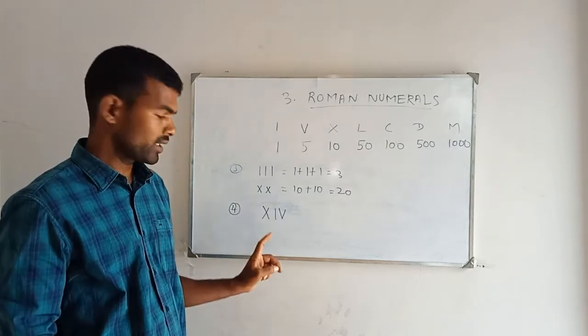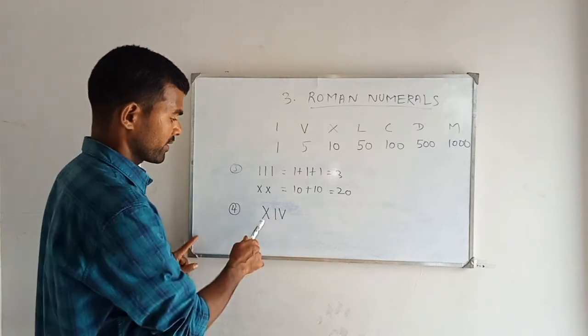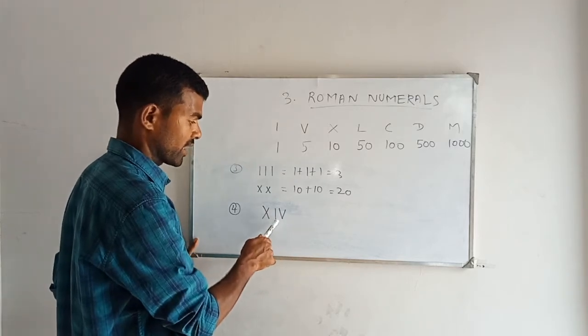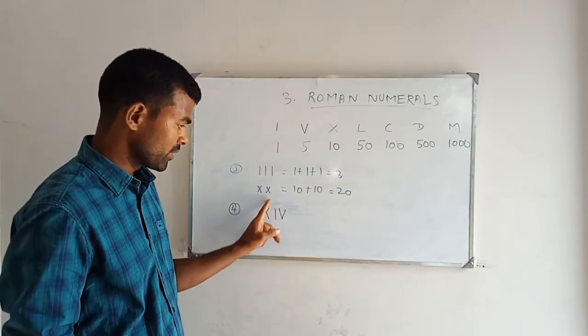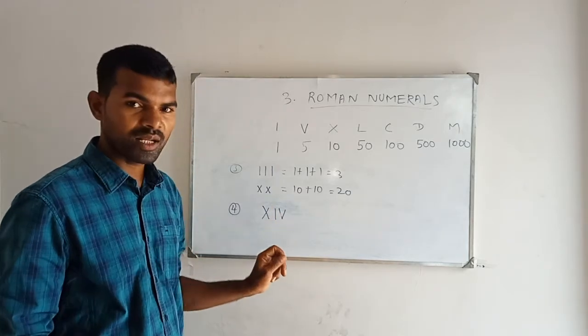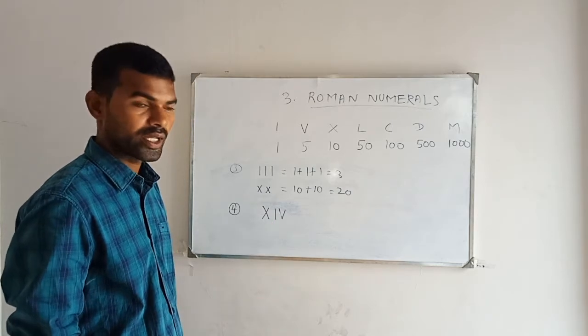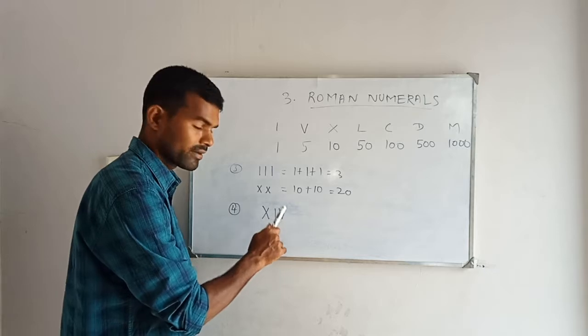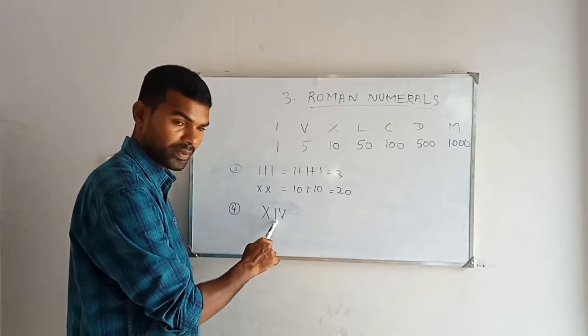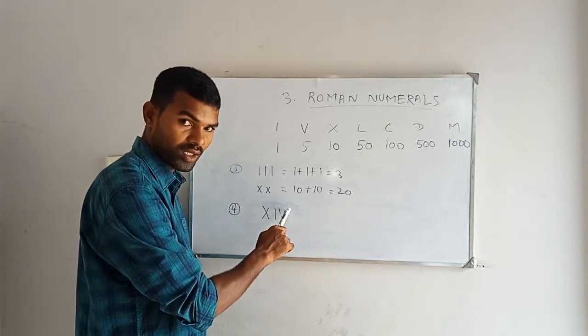So in this, X is 10, V for 5, and the small number 1 is in the middle. When the smaller number comes in the middle, what do we have to do? We have to subtract the small number from the right side number. This 1 we have to subtract from the right side number only.